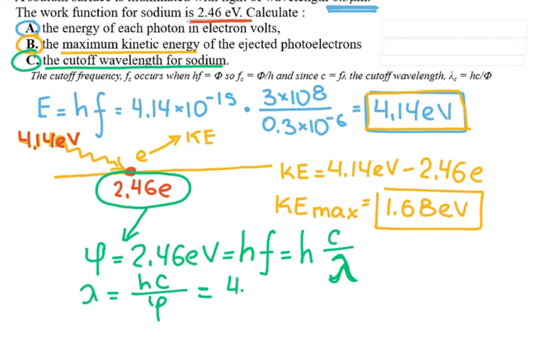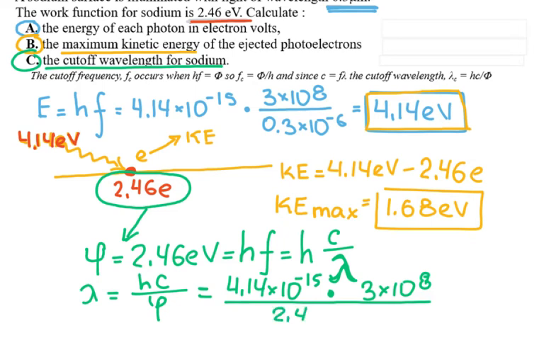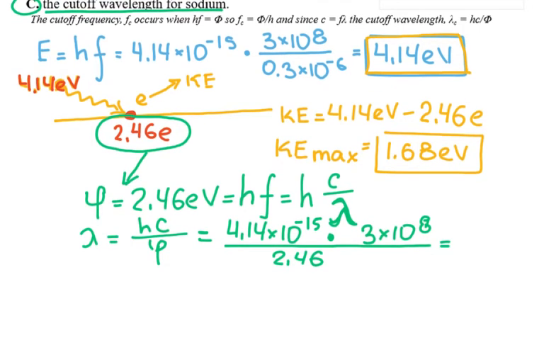So I have 4.14 × 10^-15 times the speed of light, which is 3 × 10^8, and all of that divided by the work energy needed to pull out the electron, which is 246 electron volts. That will give me the cutoff wavelength for the sodium equal to 505 nanometers.